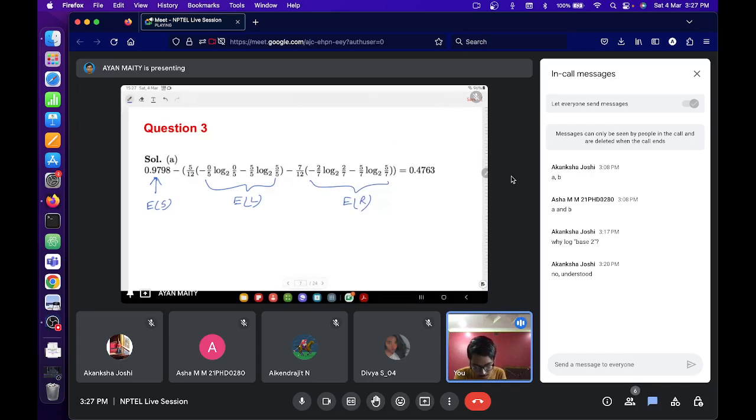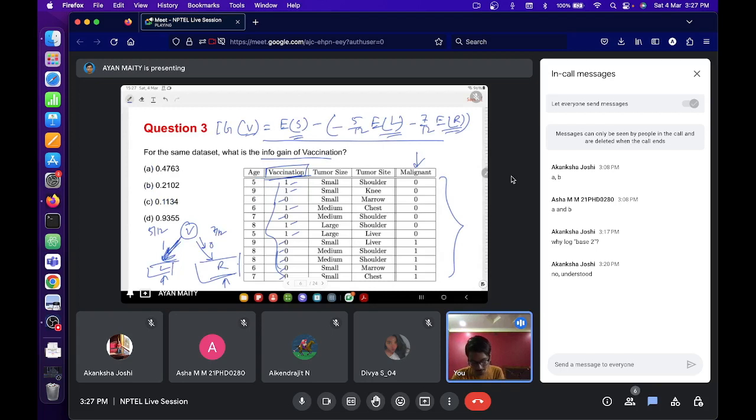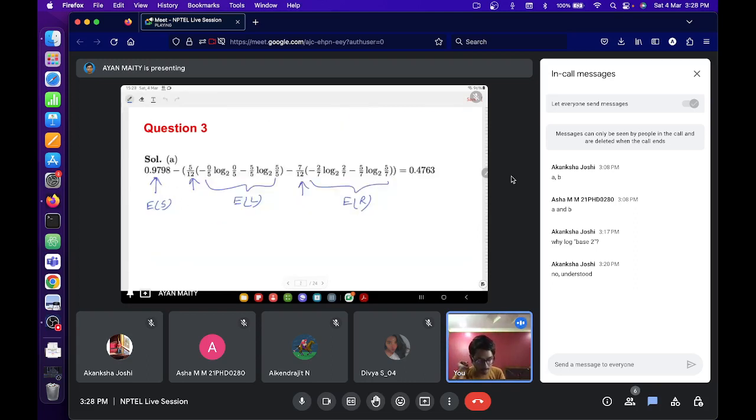This is the probability of going towards the left hand side, and this is the probability of going towards the right hand side. That is, this is the fraction of elements that go to the left hand side, and this is the fraction of points that will be 0. So 7 by 12. These are the two weights, and you have to find out using this formula.